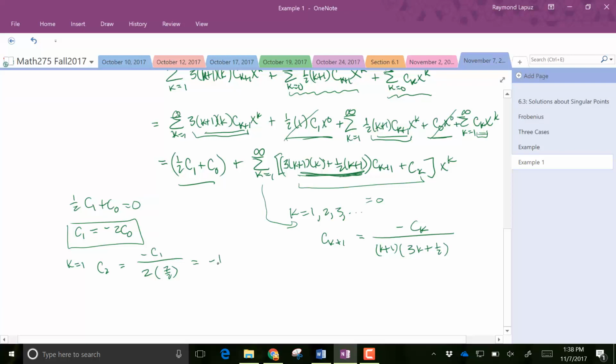So that's minus 1/7 c sub 1. But c sub 1 is equal to negative 2 c sub 0. So positive 2/7 c sub 0. Right? I hope.